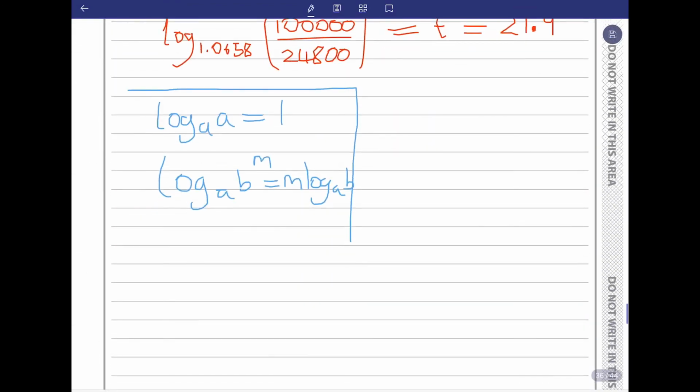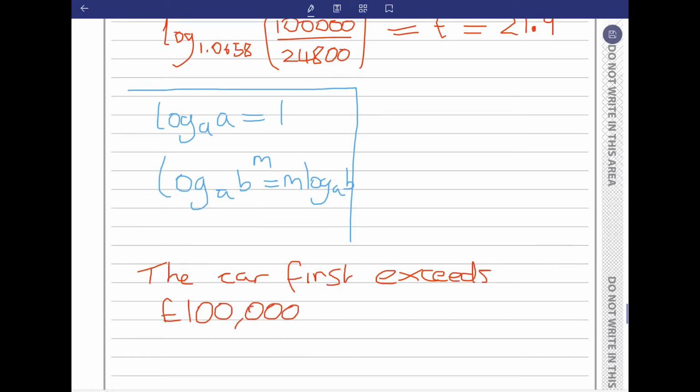So just as a closing line, it actually says, the car first exceeds 100,000 in the year 2022. That's the final answer for that question.